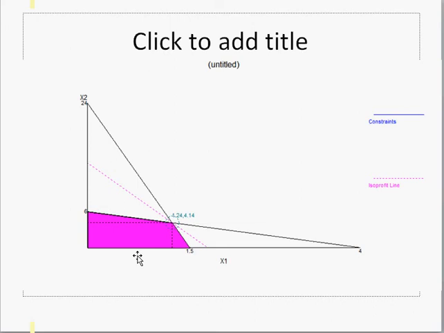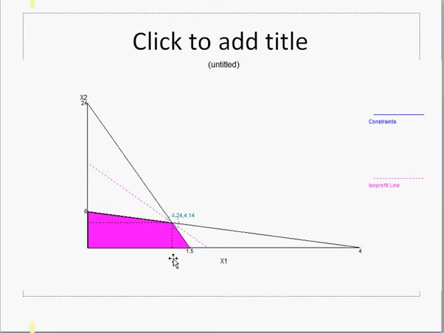If it was vertical, we'd put it on 1.5 over here, and that would be as right as it could go. Because it's neither flat nor vertical, it's at an angle, and it's at an angle such that it has a shallower slope than this and a steeper slope than this. We get here, that corner is the optimal solution.